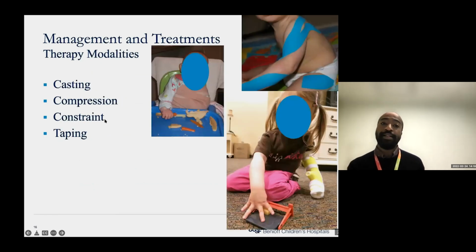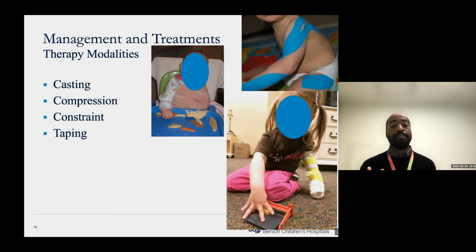Some therapy modalities utilized in early childhood may be casting, which you can see in the lower right-hand picture, compression, which is in the upper left, and constraint-induced movement.